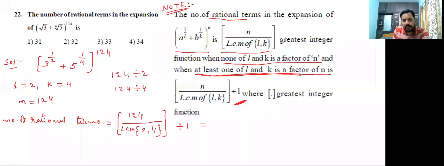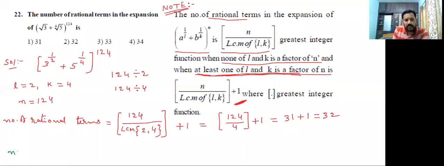What is the LCM of 2 comma 4? That is 4, right? Floor of 124 by 4, plus 1. Floor gives an integer only. Now this value is 31. 31 plus 1, that is 32. These are the number of rational terms.